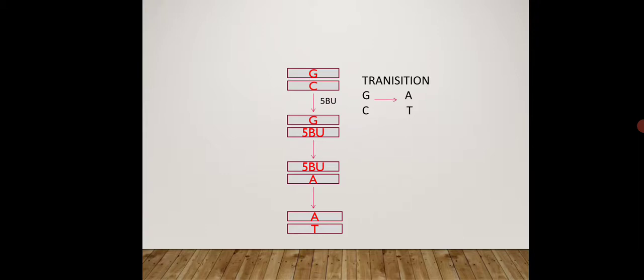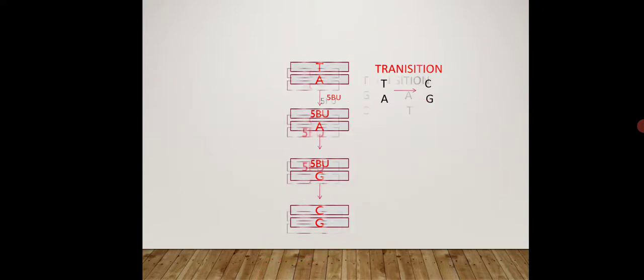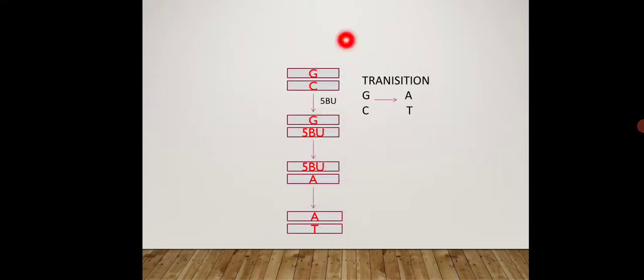Just as AT is converted into GC, in the same way GC can be converted into AT. This is the GC, and we know that cytosine is the rare form of 5-bromouracil. So instead of cytosine, there will be addition of 5-bromouracil in the first replication. During the second replication, what will happen?